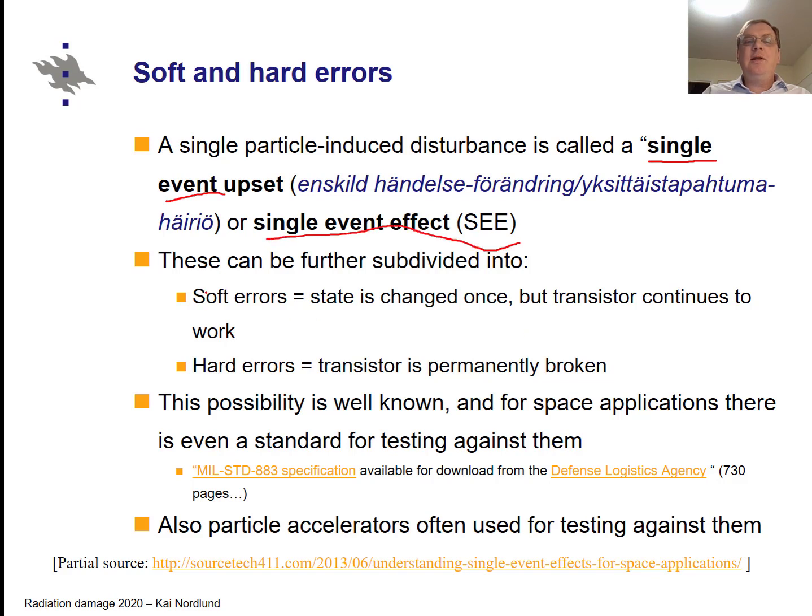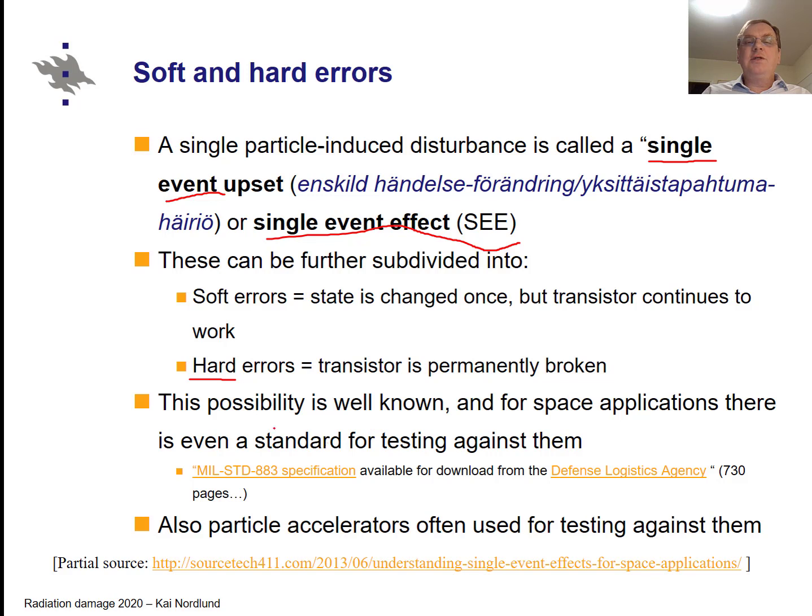And these can further be divided into soft errors, which means that you change the state. For instance, a 0 becomes a 1 or a 1 becomes a 0 in a binary circuit, but the transistor continues to work, and next time you write, you get it back to the correct state. And then there is the hard error, which means that you permanently break the transistor and cannot repair it.